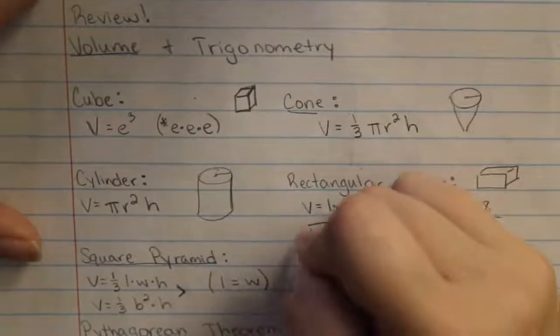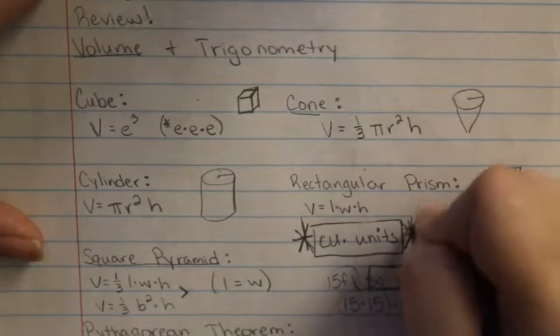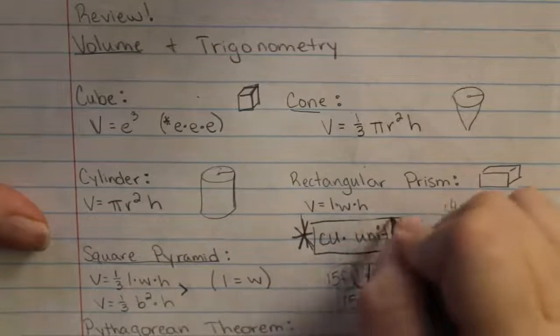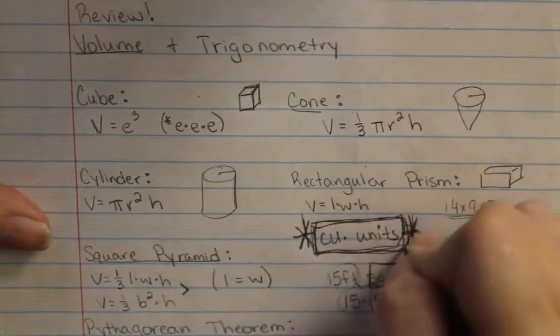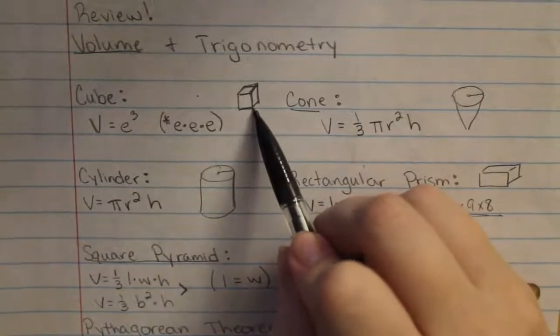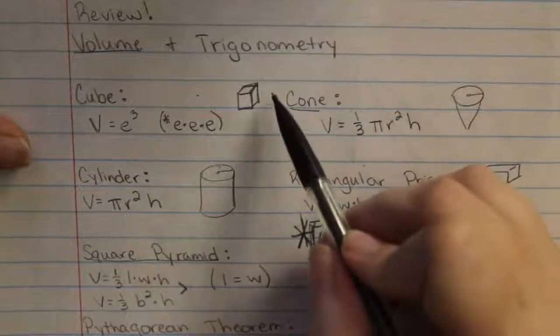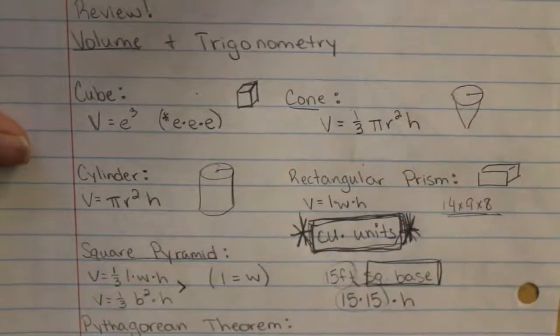This is vitally important. You guys have been getting away with me just letting you say inches or whatever. Sometimes y'all have been saying squared. Volume is in cubes. So you need to think about this as a cube is a 3D shape where you would find the volume of it. So if you're finding the volume of a cube, it's going to be in cubic units.